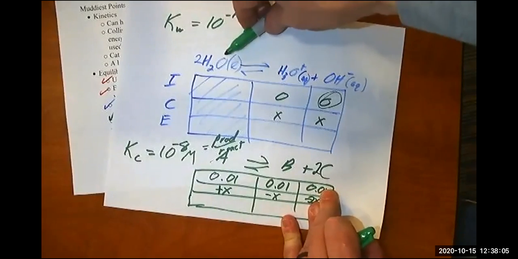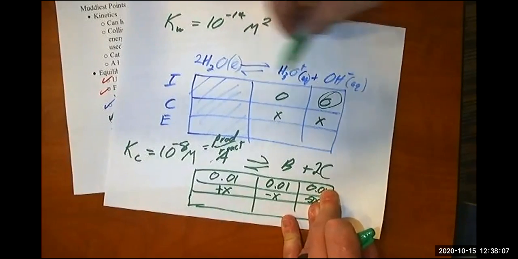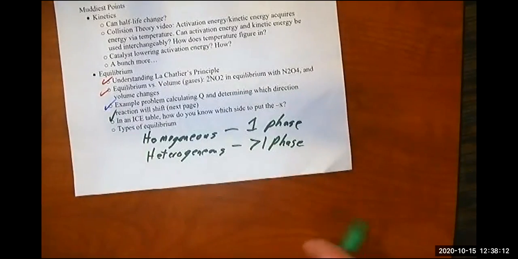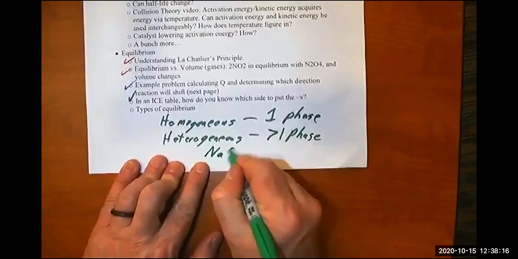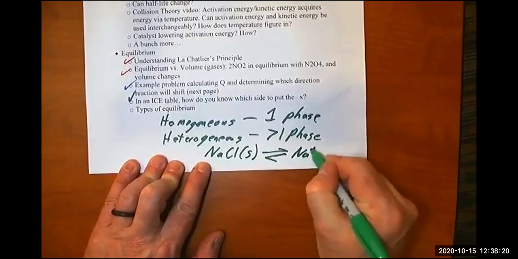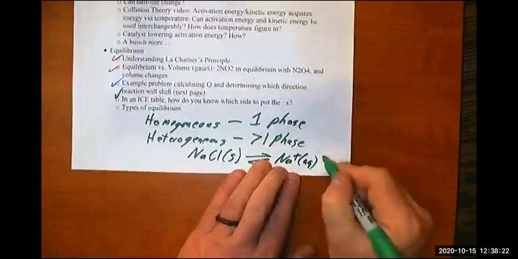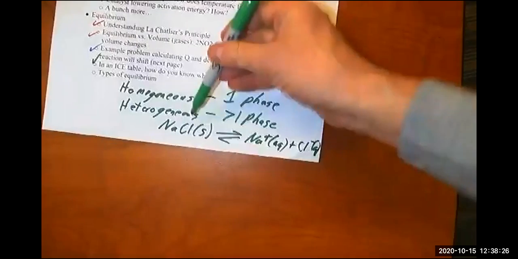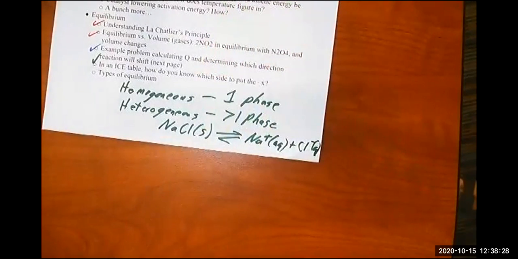And in fact, one of them is water, okay? So everything's in water. Heterogeneous equilibrium would be something like NaCl solid in equilibrium with Na plus aqueous plus Cl minus aqueous, where you have two or more different phases involved. So that's all it's talking about.